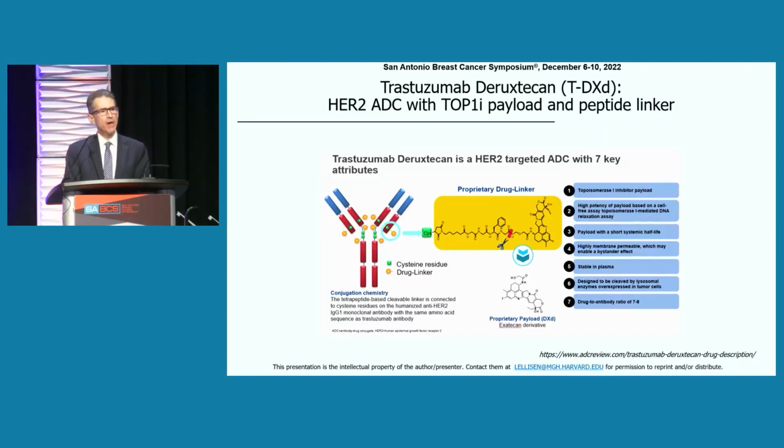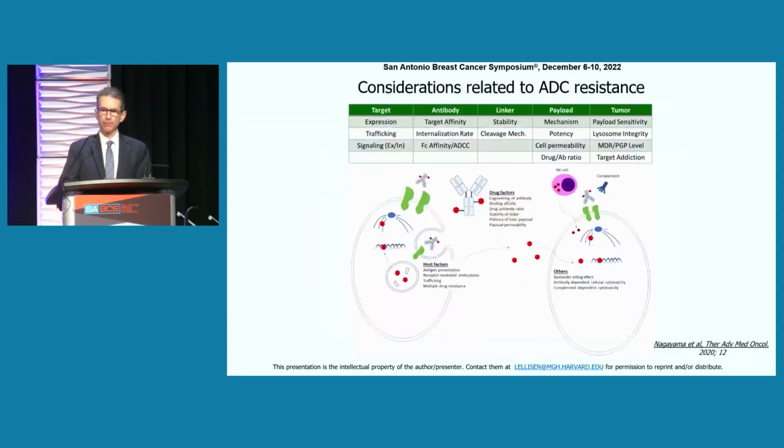But notably, it does not necessarily require fusion with an active lysosome intracellularly, but rather endosomal processing that can release the payload. And then intracellularly, once the payload is released, that payload is cell permeable, creating a type of bystander effect that results from efflux of the payload from the cell to the outside microenvironment. And then a payload which is again a topoisomerase 1 inhibitor.